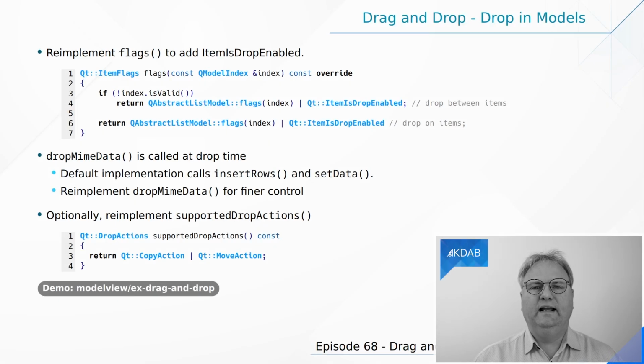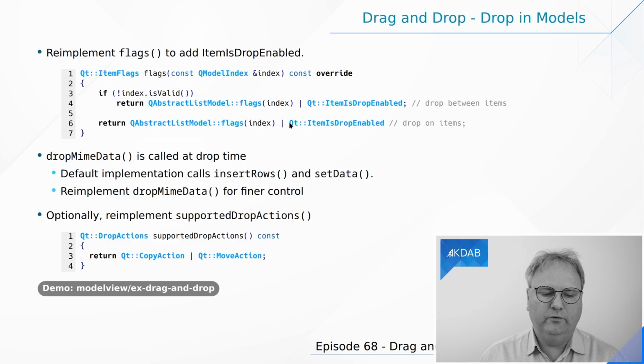Of course, I can have an application that accepts drops but not drags. And now let's look at the drop side. On the drop side, I need to implement flags again. And this time I need to specify Qt::ItemIsDropEnabled, and likely I would have drag and drop in my application, so I would have ItemIsDragEnabled and ItemIsDropEnabled. But a difference from the previous slide, where we talked about the drag side, is that it does make sense to drop on an empty area, which means either dropping in between items or dropping at the end to append to my list.